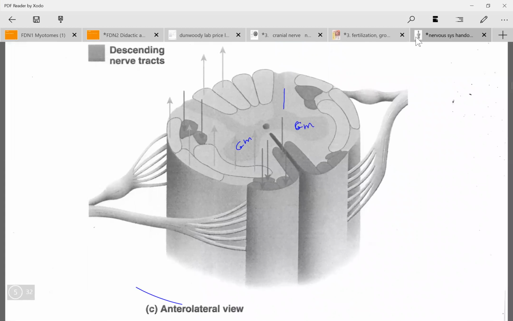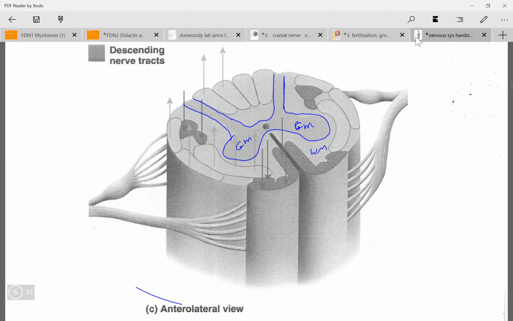Okay, so all this that you see there, that's considered the gray matter of the spinal cord. And this runs up and down the entire length of the cord and even diffuses into the brain. Okay, and everything else is the white matter.